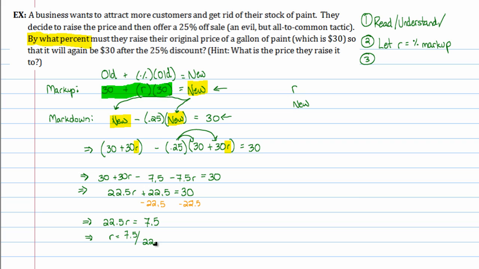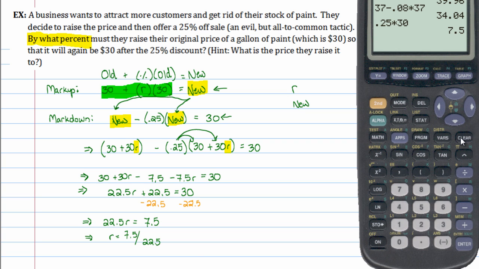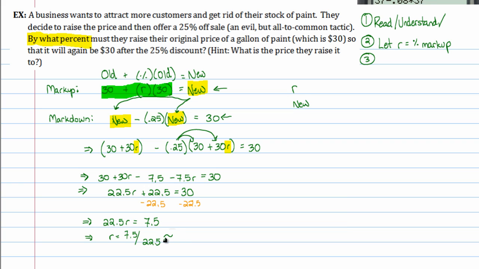And remember what I've said in the past, that it is not proper to write your answer as a fraction with decimals within it. You must grab a calculator and use the calculator to change this. 0.333 on forever. So in other words, maybe I should just say it's exactly equal to 0.3 on forever.